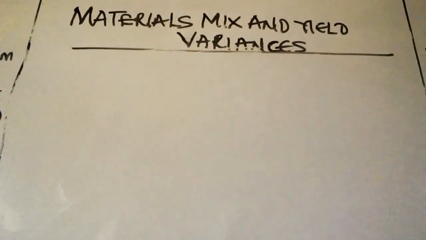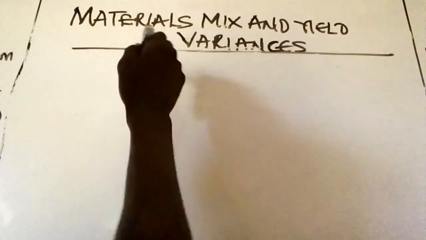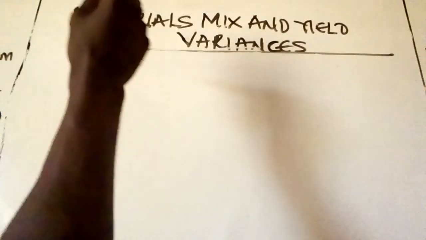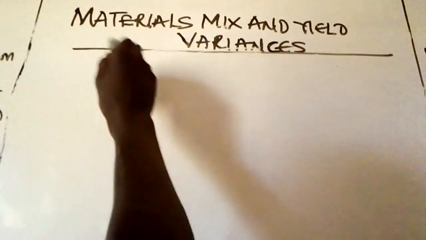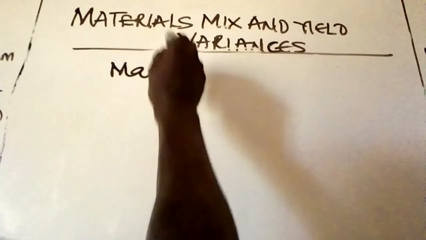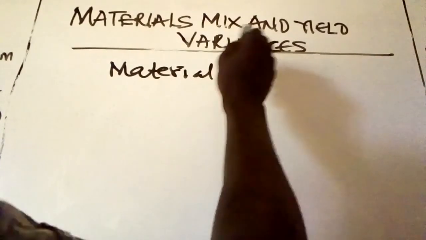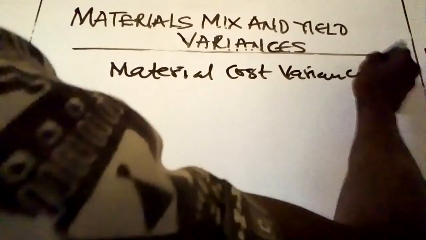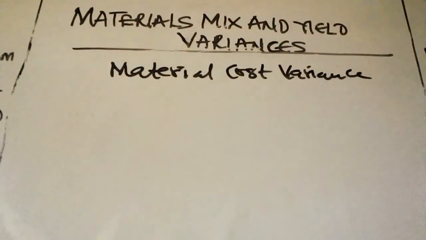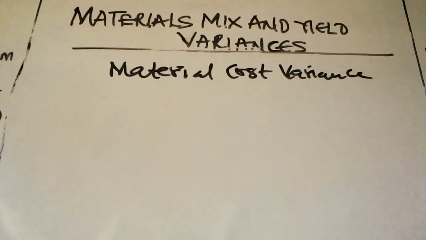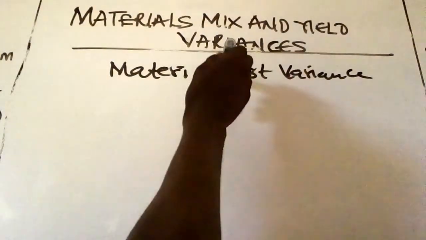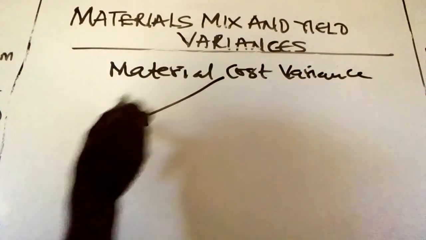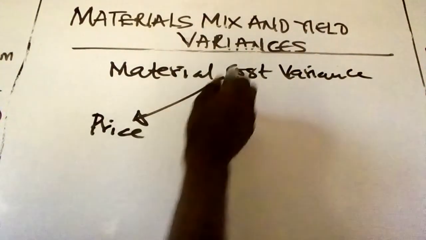Materials mix and yield variances. When I was considering the materials variances, I looked at the material cost variance. I said the cost variance will be divided into two: the material price variance and the material usage variance.